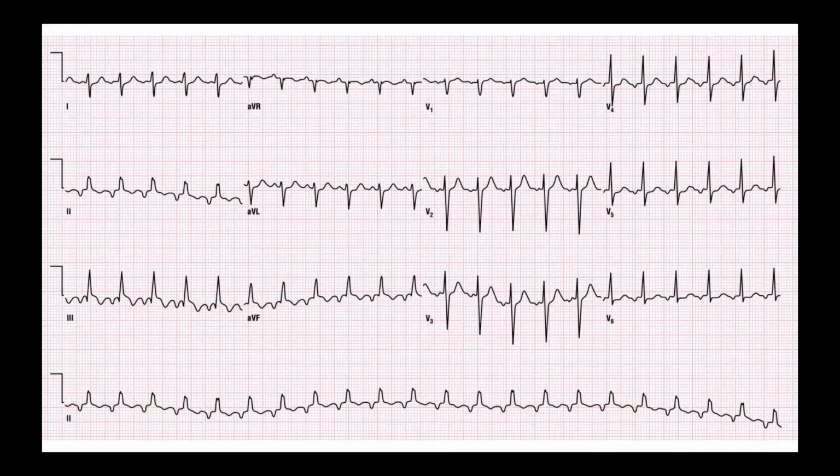Again, who will take this ECG? Counterclockwise.